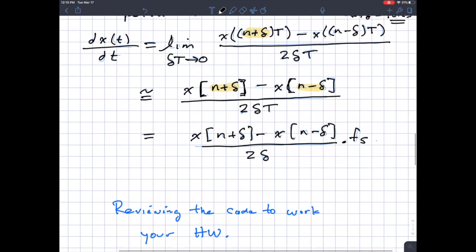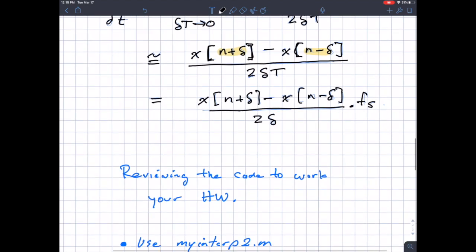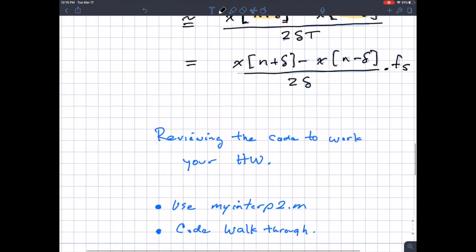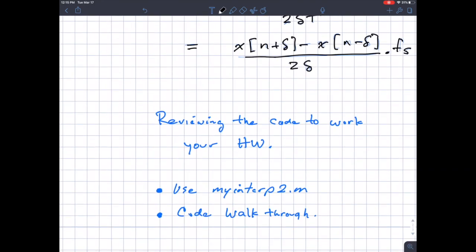In the next portion of this video, we are going to go over some of the code that I wrote for a previous interpolation example. We've already seen this once in a video, but I'm going to go over it with you again to make sure you're on the same page. We're going to use my interp2 as an M file to do the interpolation.